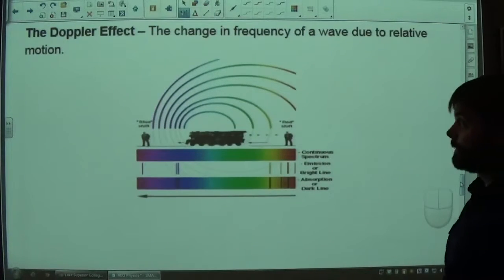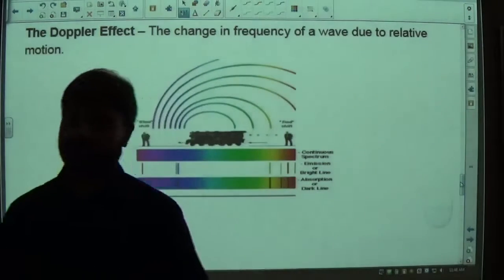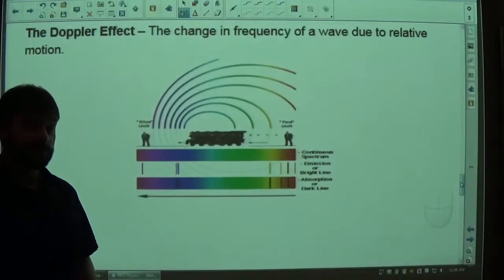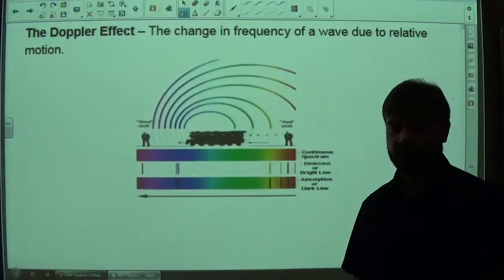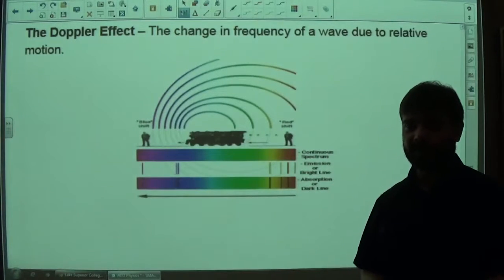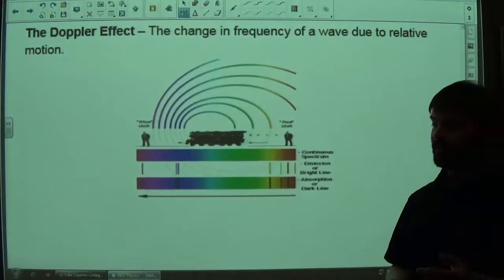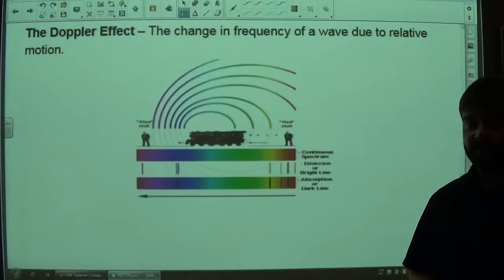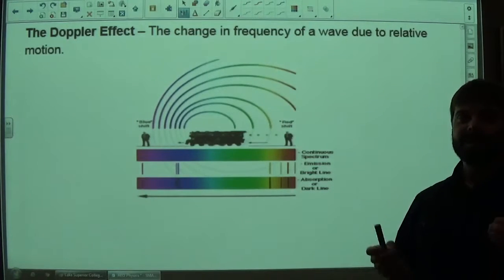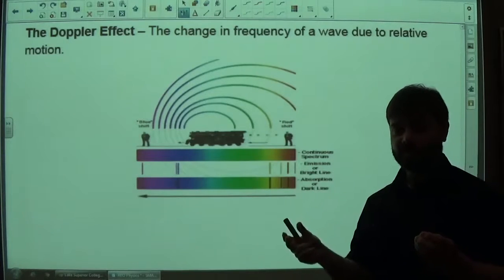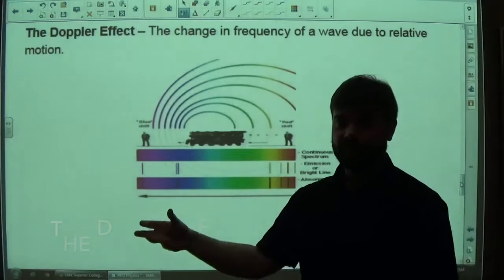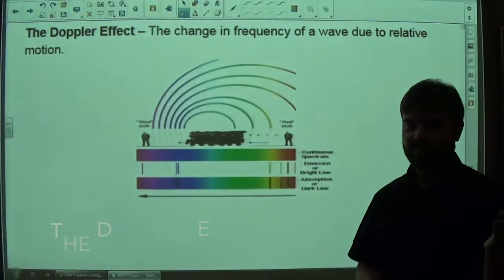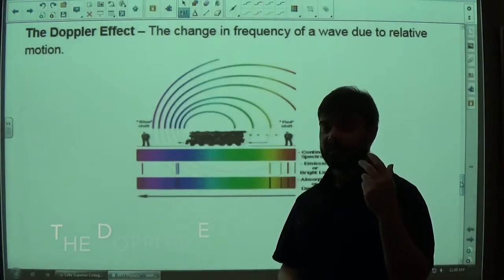Waves can have apparent changes in their frequency. You have probably heard of the Doppler effect before, and the Doppler effect can be applied to light waves or sound waves, sound probably being the most common application. Basically what's happening is the wave source, whether it's light or sound, is being emitted from an object that is moving relative to the object that is receiving the wave.